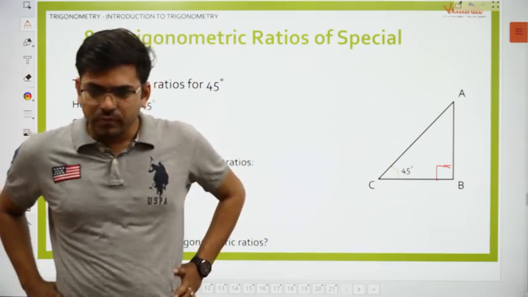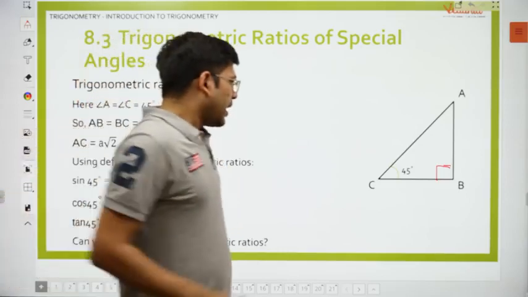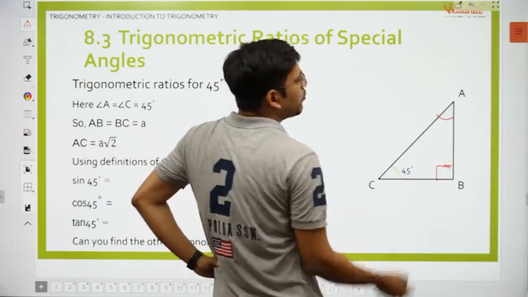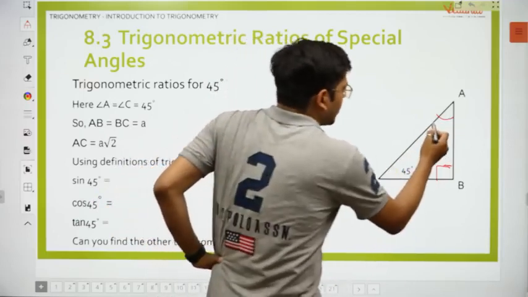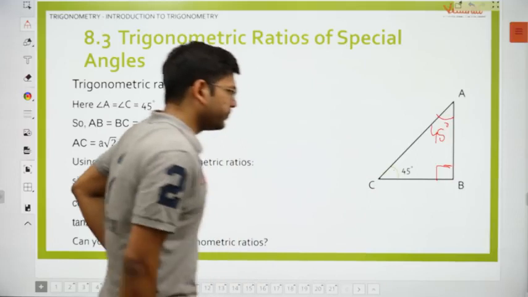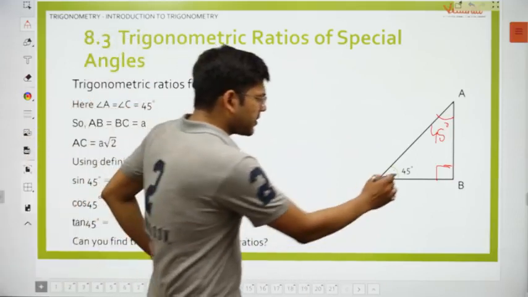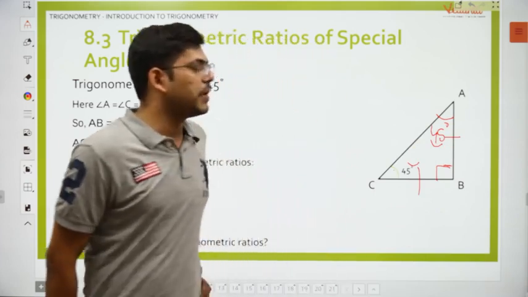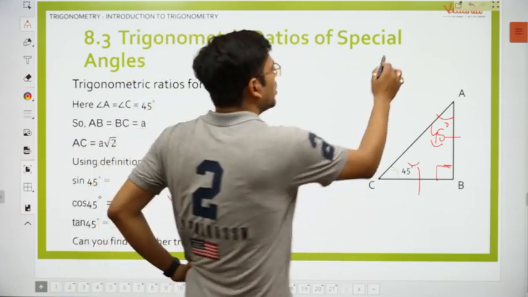Now, if this is 90 degrees and this is 45 degrees, then what would this angle be? By the angle sum property, this is 45 degrees. Now, if this is 45 and this is 45, then surely this is an isosceles triangle and AB equals BC.